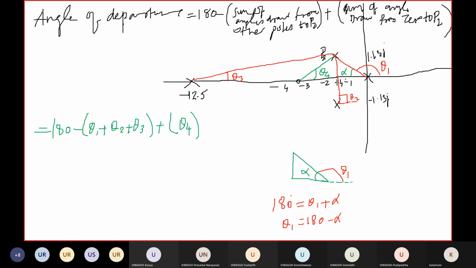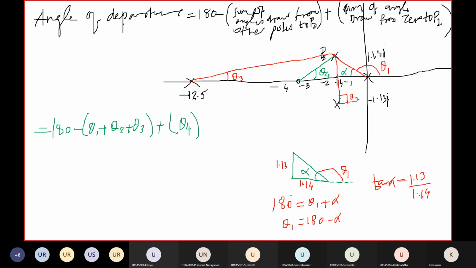This is a small triangle. From this point to this point, the distance is 1.14. The height is 1.13. If we put tan alpha, it is equal to 1.13 divided by 1.14. So alpha is equal to tan inverse of 1.13 divided by 1.14.